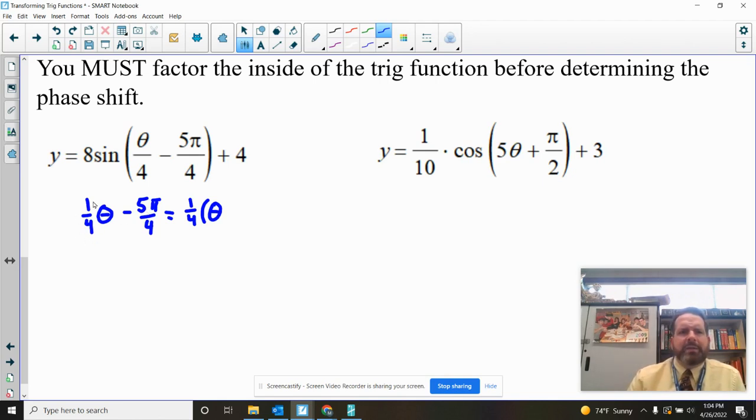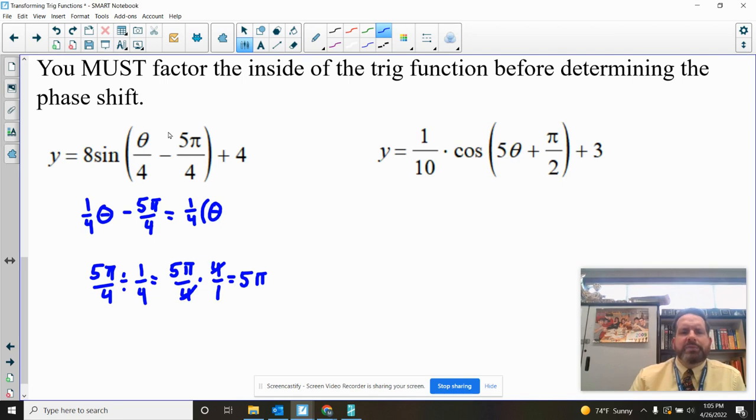So to do that, 1/4 theta divided by 1/4 leaves you with just a theta. But for this one, you actually need to take the 5 pi over 4 and divide it by whatever number was in front of the theta. So divide by 1/4. All right then, dividing by 1/4 is the same as multiplying by 4. That gets reduced away, and we are then left with just the 5 pi.